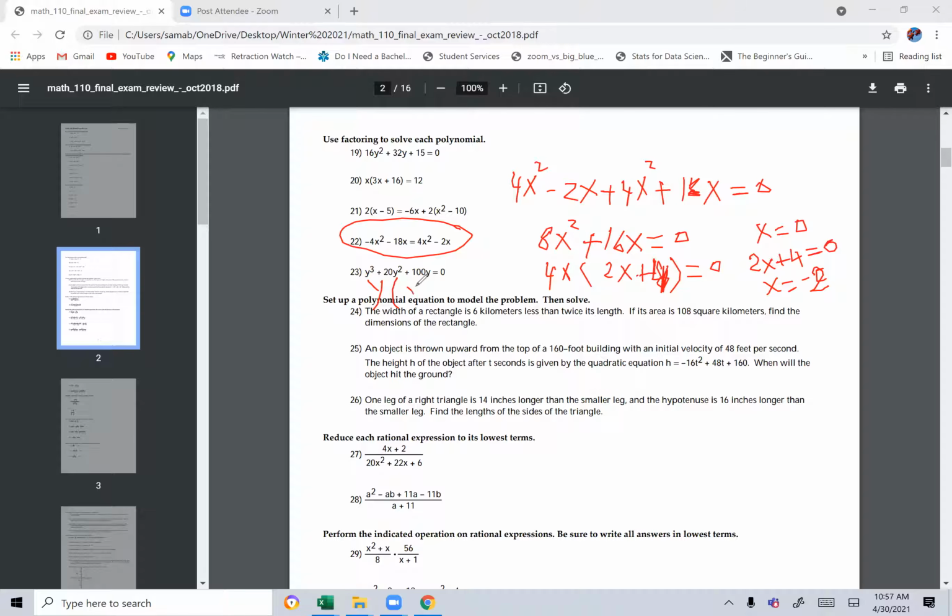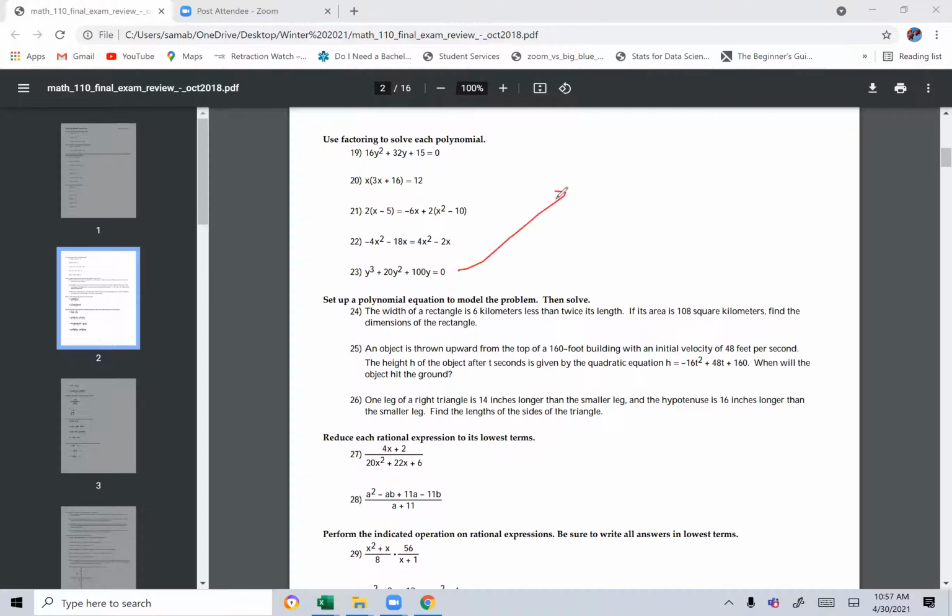Y squared plus 20y and then plus 100. So let me just clear everything here.